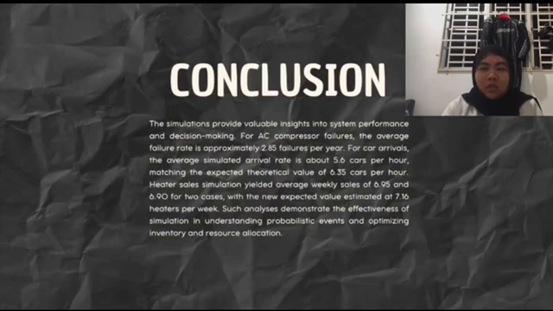Heater sales simulation yielded average weekly sales of 6.95 and 6.90 for the 2 cases, with the new expected value estimate at 7.16 per week. Such analysis demonstrates the effectiveness of simulation in understanding probabilistic events and optimizing inventory and resource allocation.